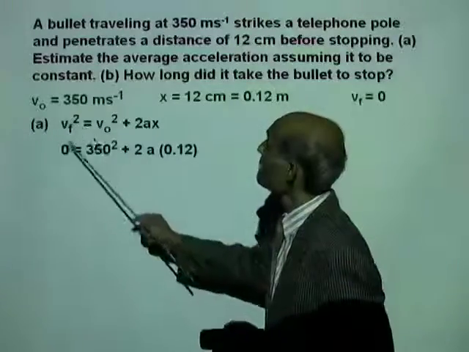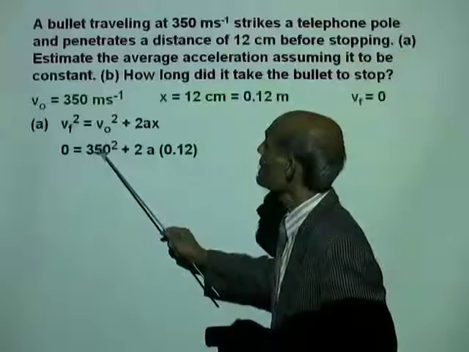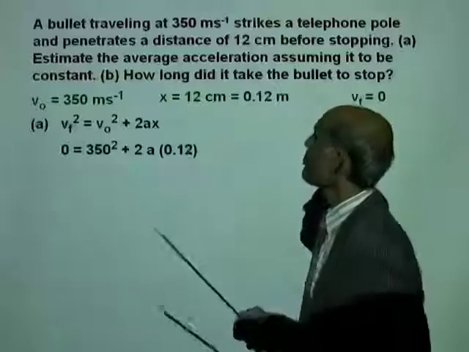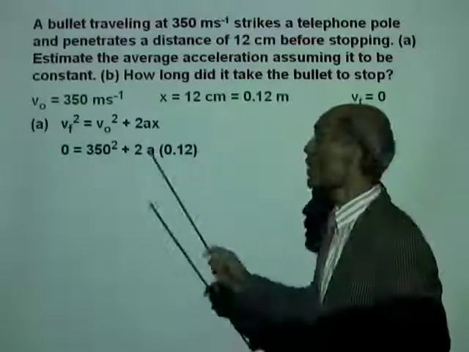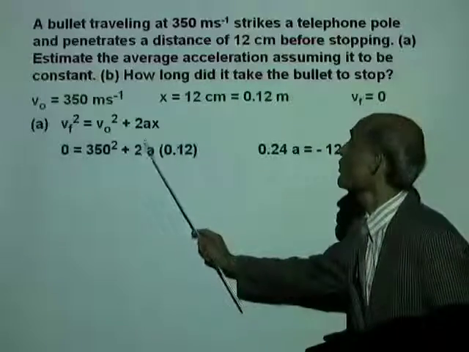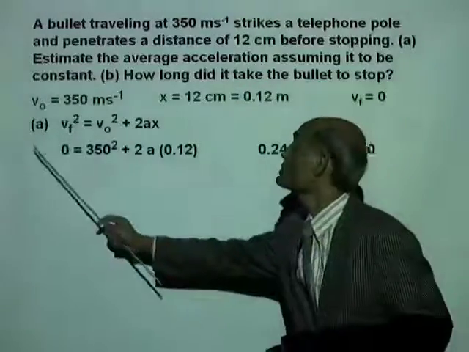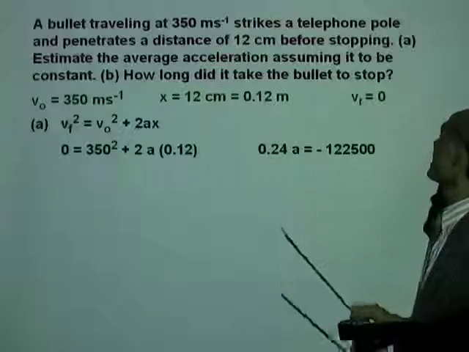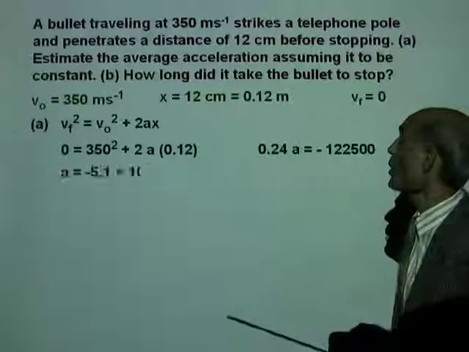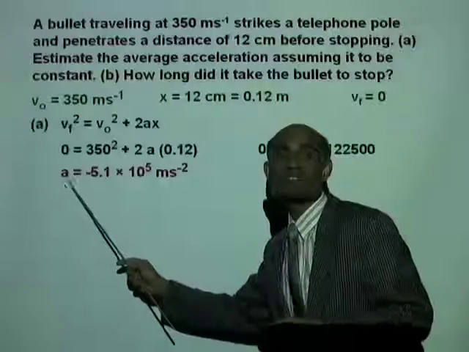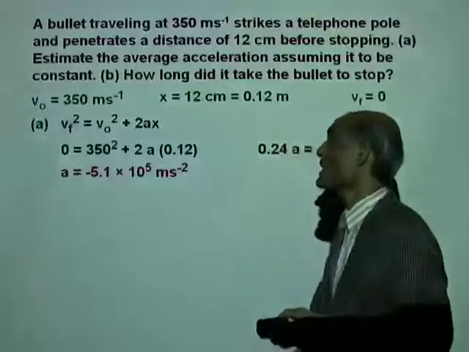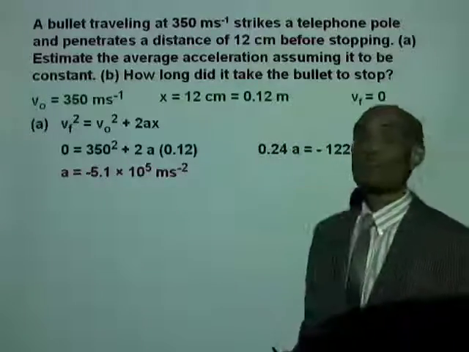So use all those values. 0 equal to 350 squared plus 2a times 0.12. Solve for a from there. 0.24a equal to negative 122,500. Or a equal to, look at this acceleration, a equal to negative 5.1 times 10 to the 5 meter per second squared.